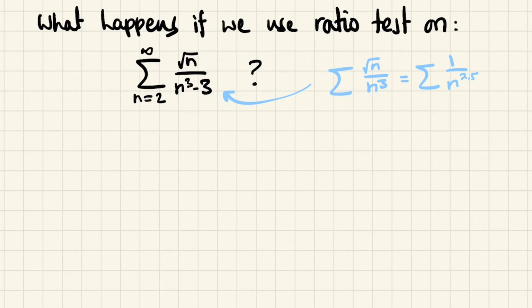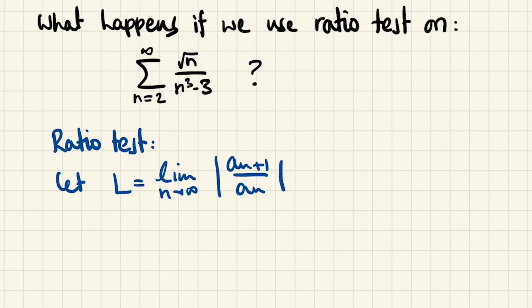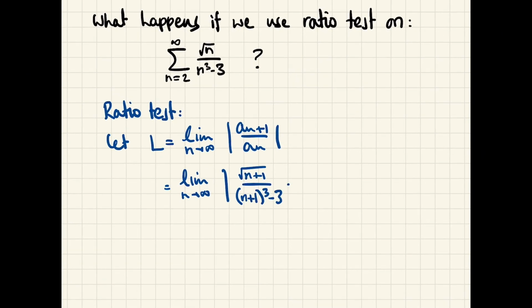But what if you're just so in love with the ratio test that you want to use it all the time? Well, let's see what would happen if we did use the ratio test on this. Well, we would let L be this limit here. So n replaced by n plus 1. And then the reciprocal of the series would be n cubed minus 3 over rad n.